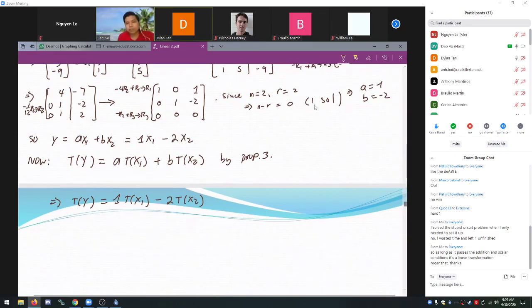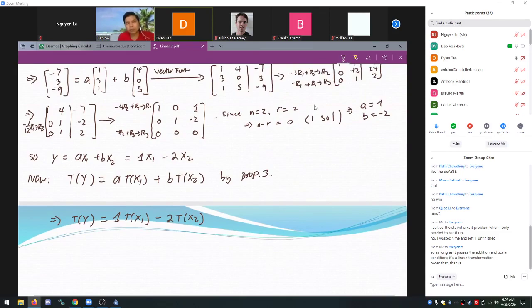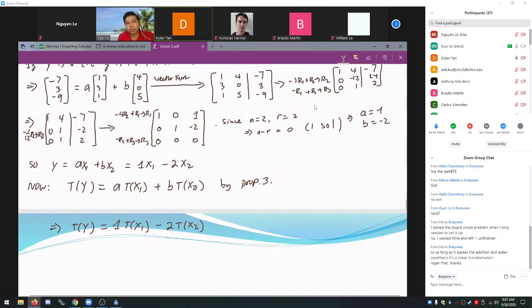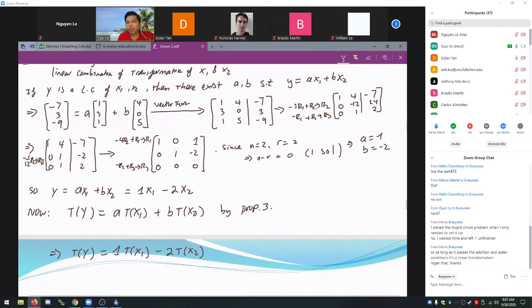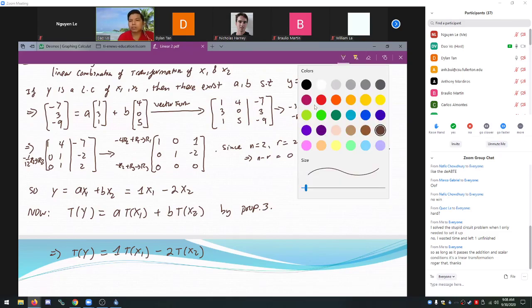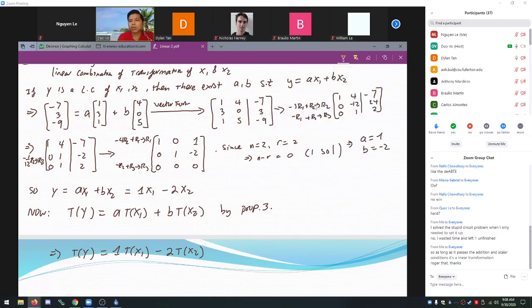Question, Dylan? When you multiply row 2 by -1, wouldn't that give you -1 and positive 2? So that would be 2 plus 2 is 4, not 0. Oh, initially it was 24. So when you multiply by negative 1 over 12, 24 divided by 12 will be negative 2. Can you see that? Right here, it was 24, yes?